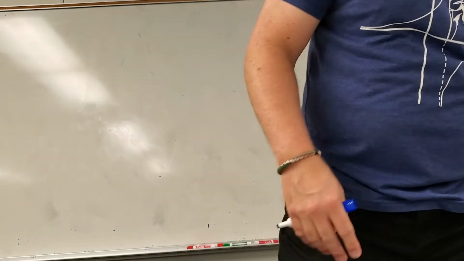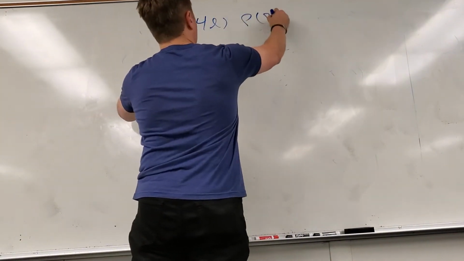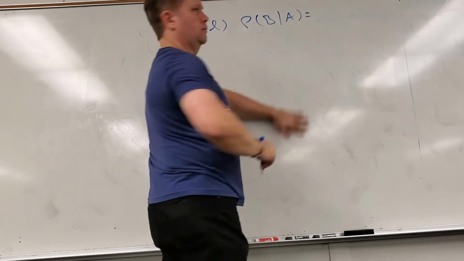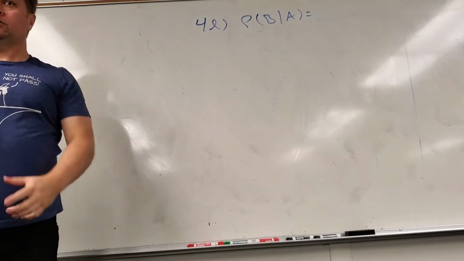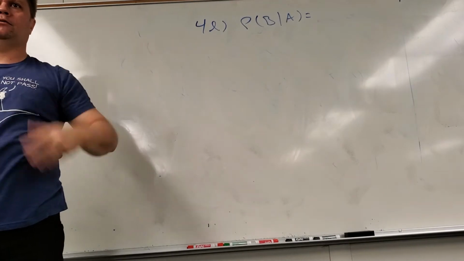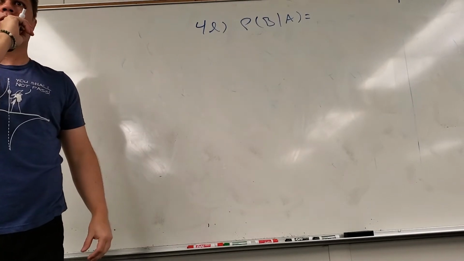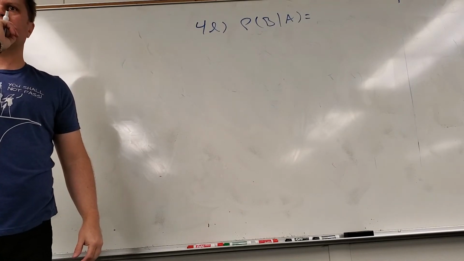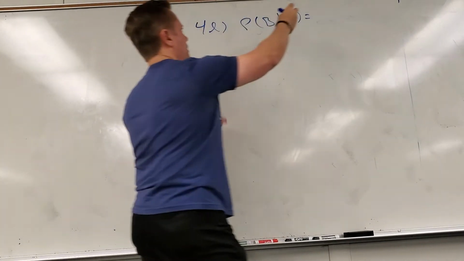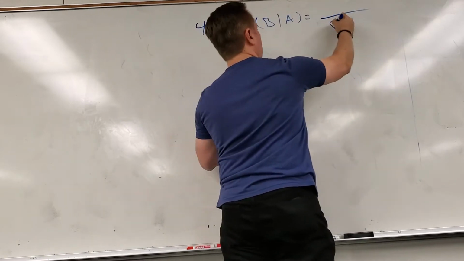Okay. So 4D asks this question: what's the probability of B given A? So what you do, when I ask you a probability question, you write the formula for what I ask you. So what is the formula for that? What goes on the bottom? The given.